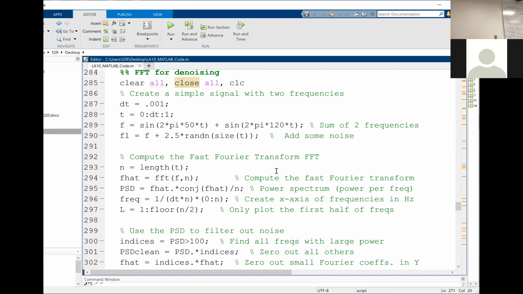If the magnitude is beyond a certain limit, yes, that is the signal I'm looking at, or if that magnitude is below a certain limit, that is the noise that I'm looking at.